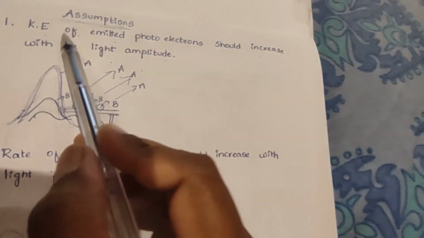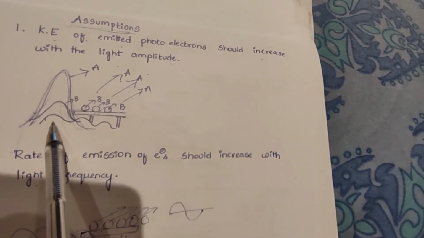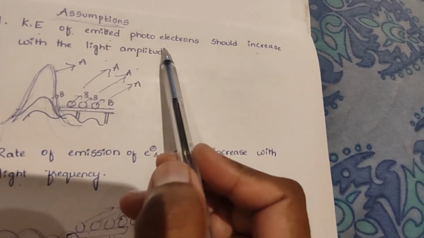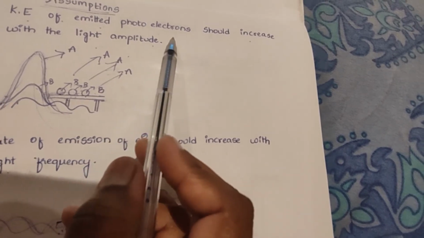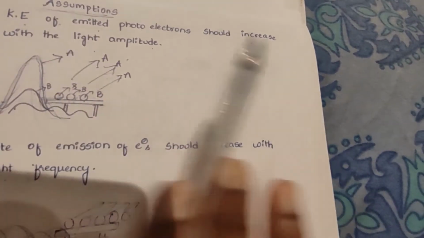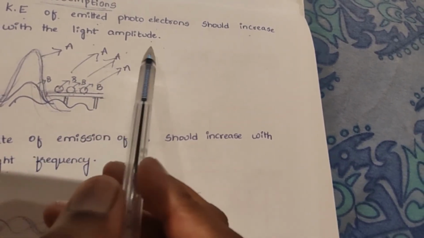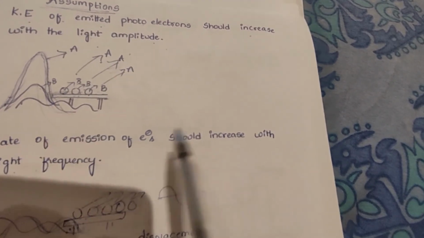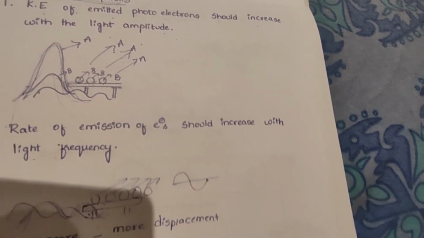But when we observed, the assumption is completely wrong. Here, the kinetic energy of emitted photoelectrons remains the same with the increase in light amplitude, but it increases with light frequency.